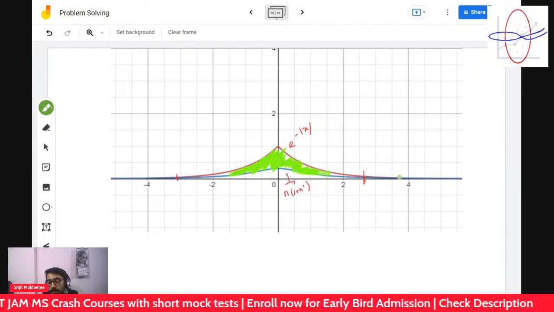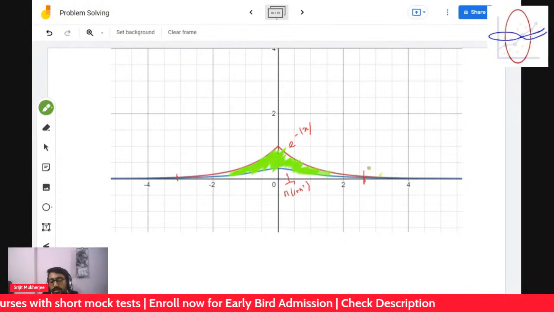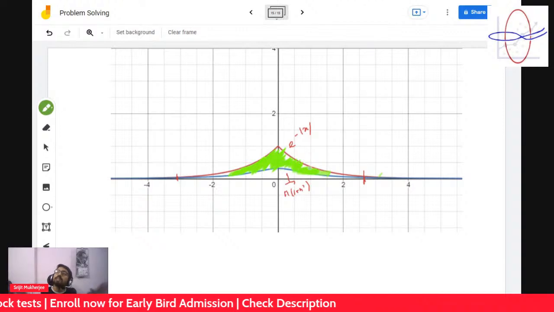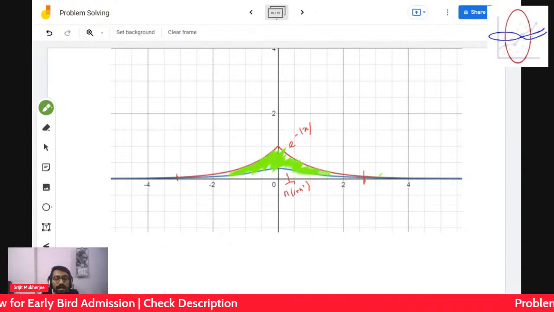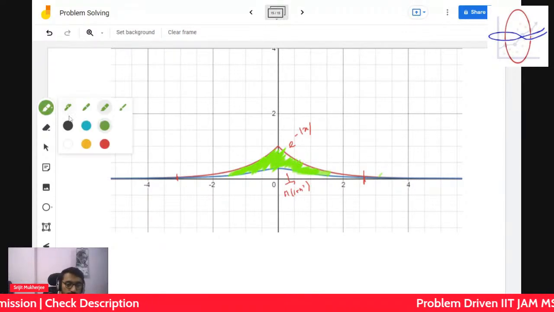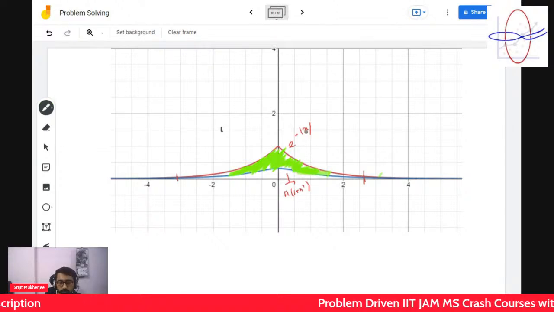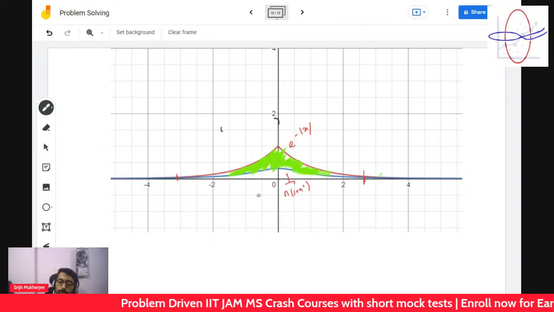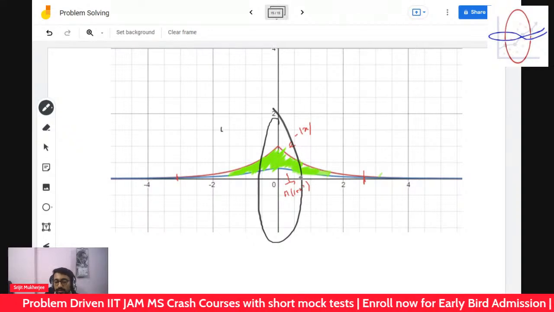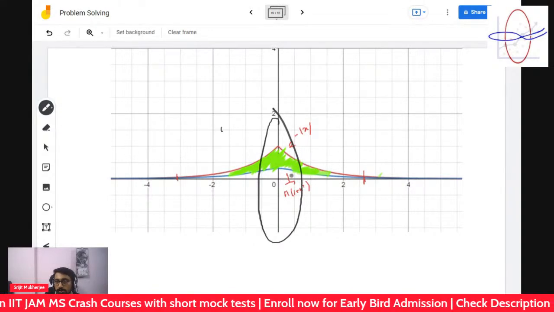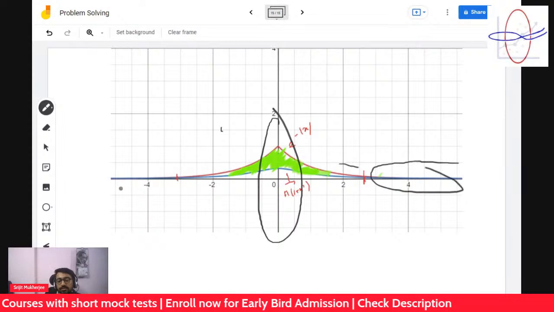So the probability of the Cauchy on the other hand is much more. For Laplace, it is much more concentrated around 0. For Cauchy, it is much more concentrated in the tails.